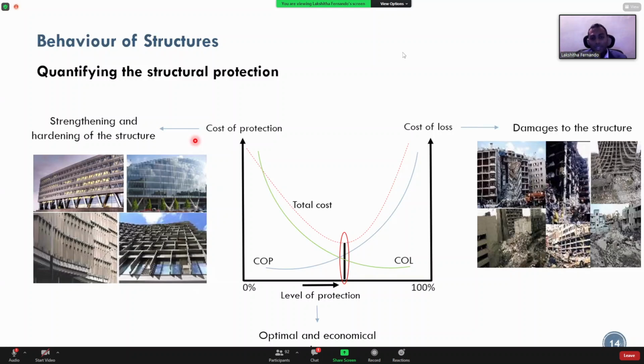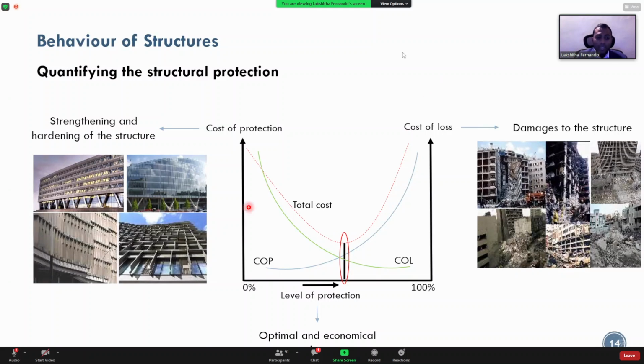You can design the structure to resist, say, 1 kilogram of TNT, but the next day someone can carry 10 kilograms of TNT. So there's no guarantee that the structures we design are safe for any given scenario of blast. The blast event itself is highly unpredictable. So there's only so much we can do as engineers. We need to accept that we can only offer a certain degree of protection, and we need to accept a certain degree of loss.